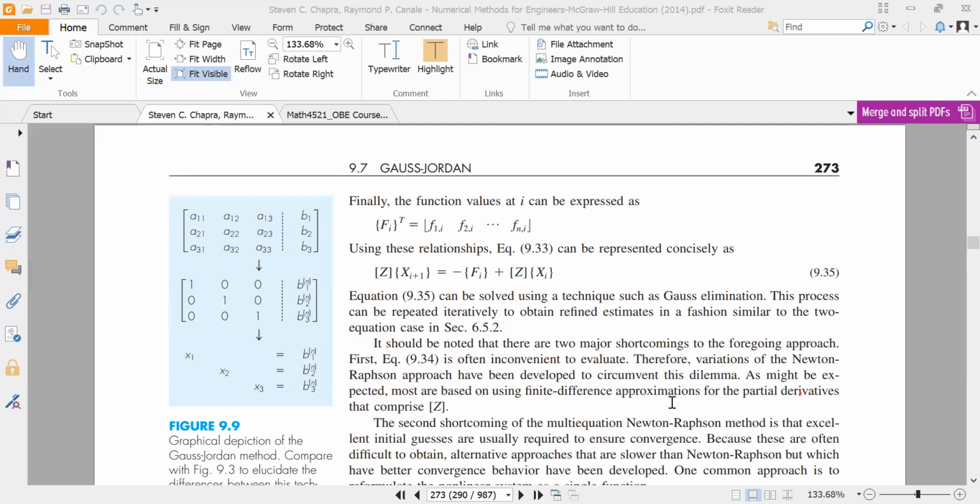Other than converting our system of equations into an upper triangular matrix, it is now converted into a unitary matrix with a value of 1 on the diagonal and no other values. The algorithm is very simple.